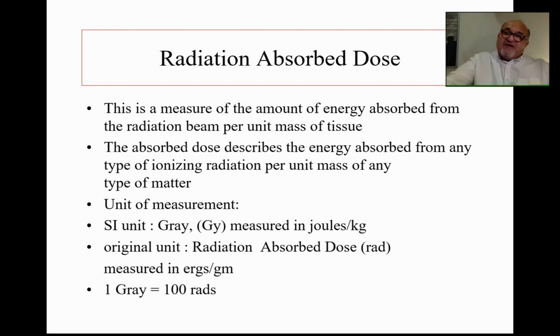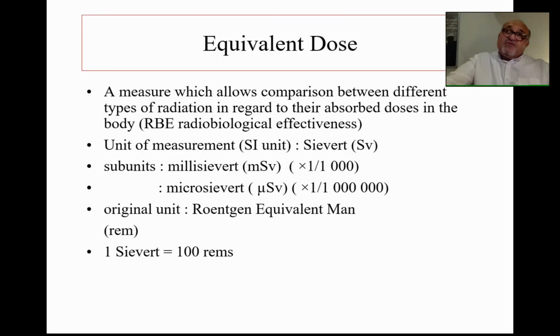So it's very generic. But if you want to specify the type of radiation, then we're going to talk about the equivalent dose. So this measurement allows the comparison between more than one different type of radiation in regard to their absorbed doses in the body, now we're talking about a human body or any soft tissue or any biological tissue.